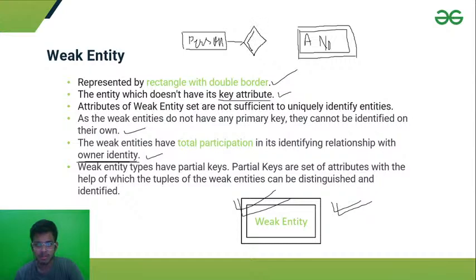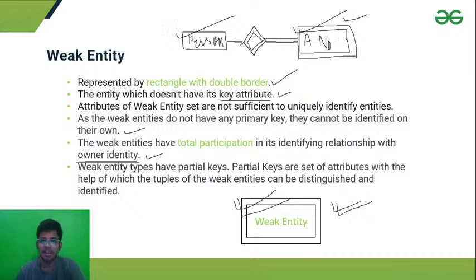So the existence of this Aadhaar card number depends on this person, because if the person exists, then only his or her Aadhaar card number will exist. But if there is an Aadhaar card number, there may not be any person related to a particular Aadhaar number, right?